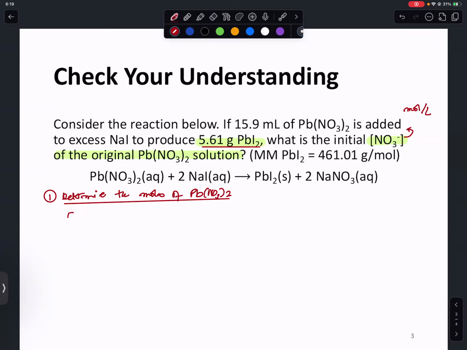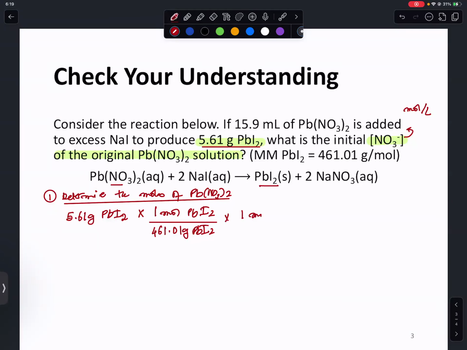We can say that I have 5.61 grams of lead 2 iodide, and then times 1 mole of lead 2 iodide. So here I'm dividing by the molar mass, which is 461.01 grams of lead 2 iodide. And then, as we agreed, it's a 1-to-1 molar ratio.